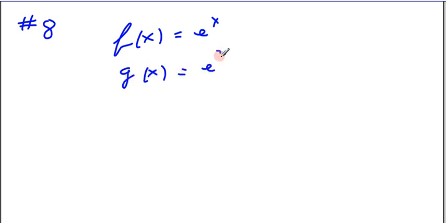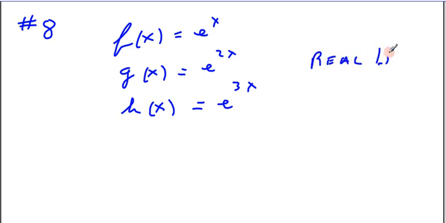Okay, so we want to prove that f of x is e to the x, g of x is e to the 2x, h of x is e to the 3x on the real line. Okay, so we're going to look at that Wronskian.